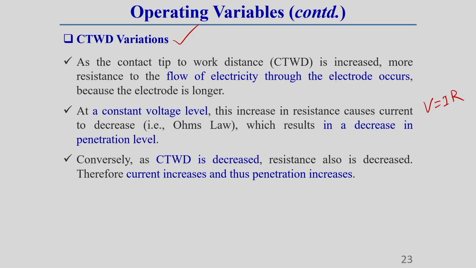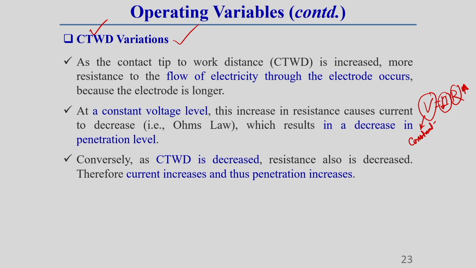If the voltage is constant and R is increased, then the current will decrease, correct? So the higher the CTWD, the more will be R, so the less will be the current.